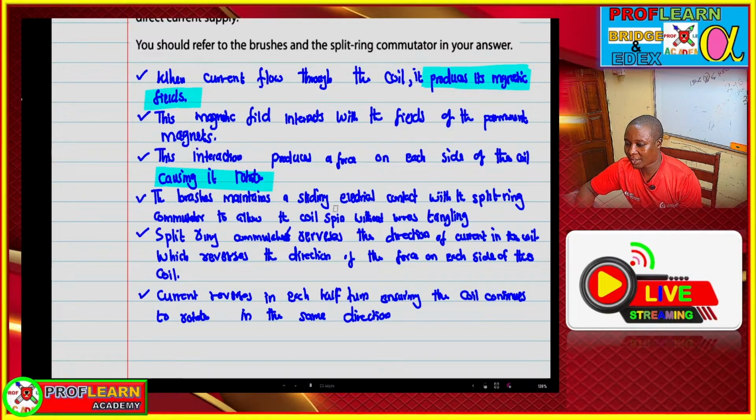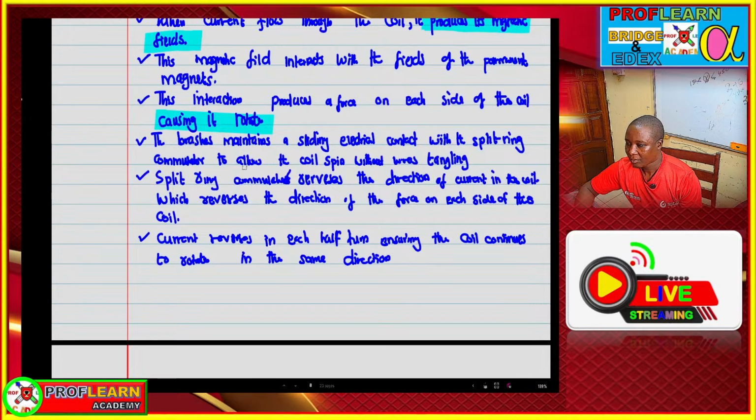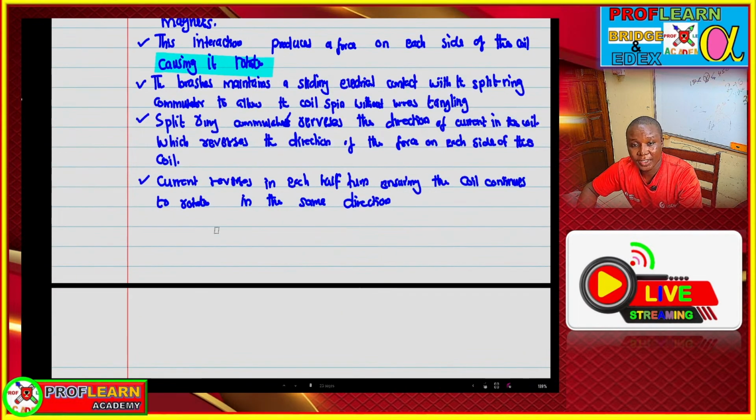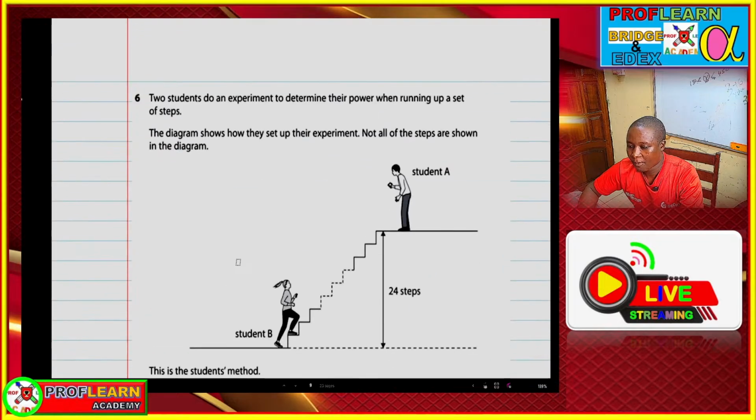The brushes maintain the sliding electrical contact with the split ring commutator to allow the coil to spin without the wires tangling, and the split rings reverse the direction of the current after every half turn. Yeah, current reverses after every half turn, and then in the process the coil is going to rotate continuously in one direction.